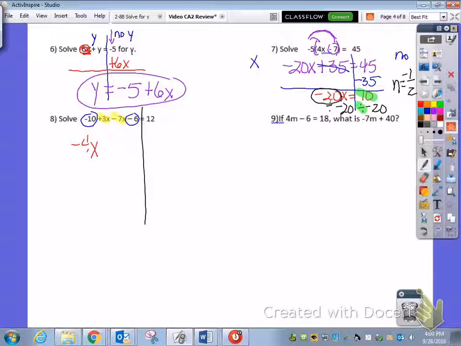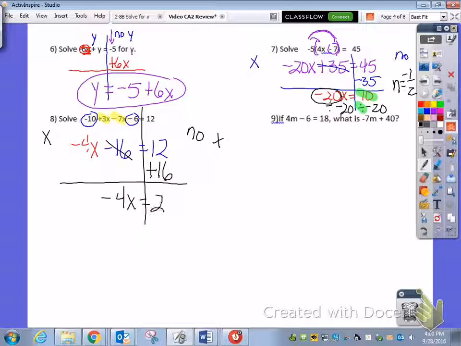So -10 minus 6 is -16, and then that equals 12. Now remember, you want x's and then no x's, okay? So the opposite, subtracting 16 would be adding 16. So -4x equals 28. The opposite of multiplying is to divide. So I'm divided by -4. So x equals -7. And then number 9.